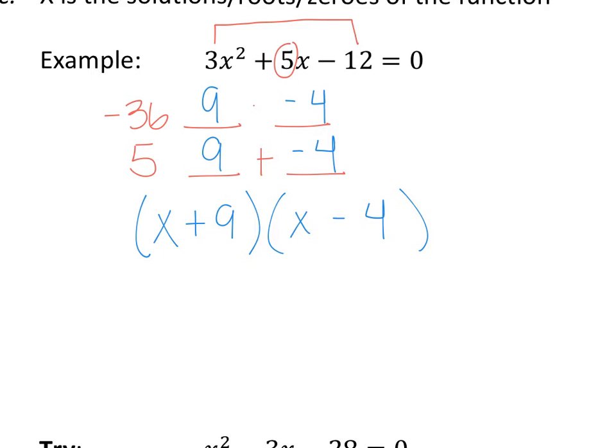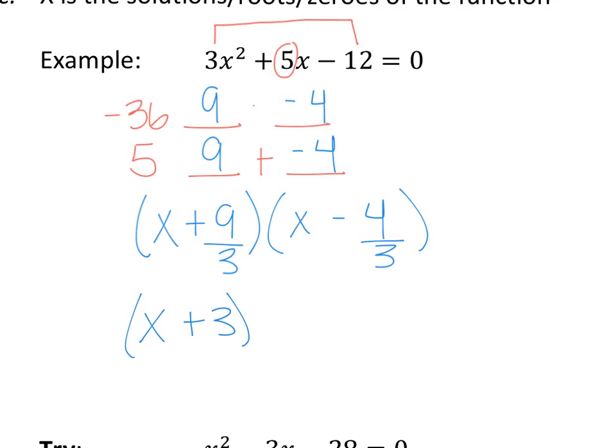Nothing's changed here. Now, the one thing we have to recognize is the fact that our a is not 1. Remember, when your a is not 1, you need to take these factors and divide by that a. Now, if it divides evenly, like this one does, 9 divided by 3 does divide evenly, you just divide it, so it's x plus 3.